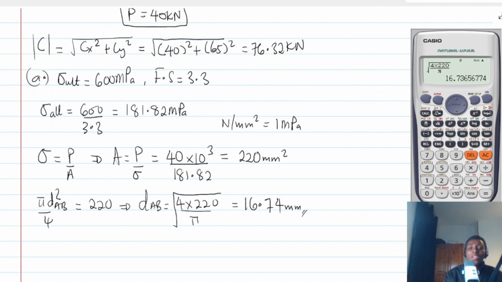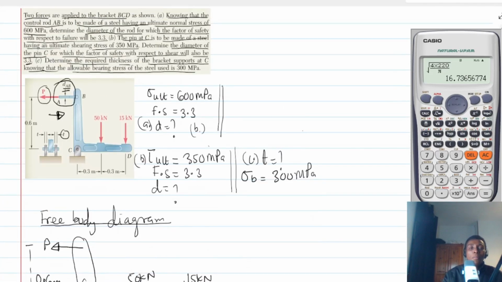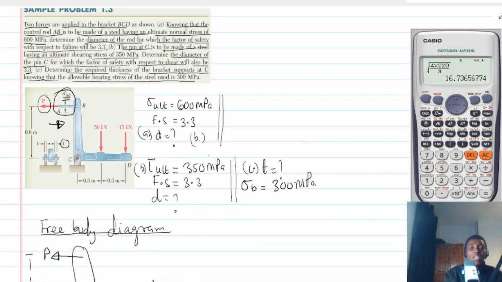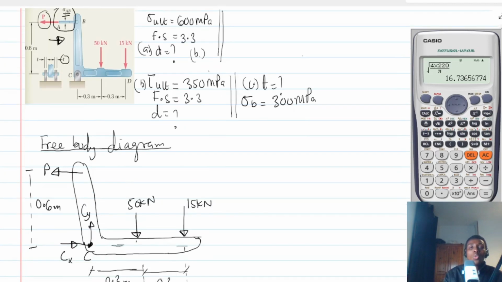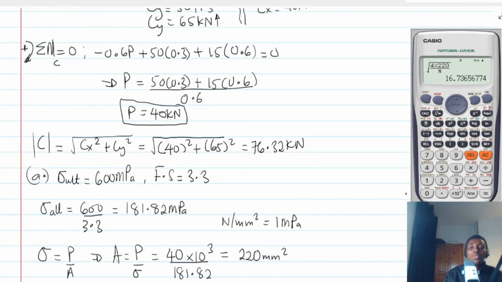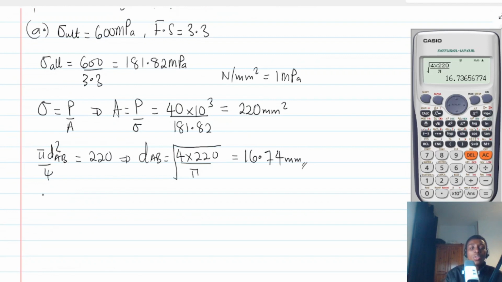Then let's come to the shear in the pin C. You see the B part, he said that the pin at C is to be made of steel having ultimate shearing stress of 350. So we are to determine the diameter of the pin C. Again, this time the factor of safety with respect to shear is also 3.3. So again, we are going to use the same approach.